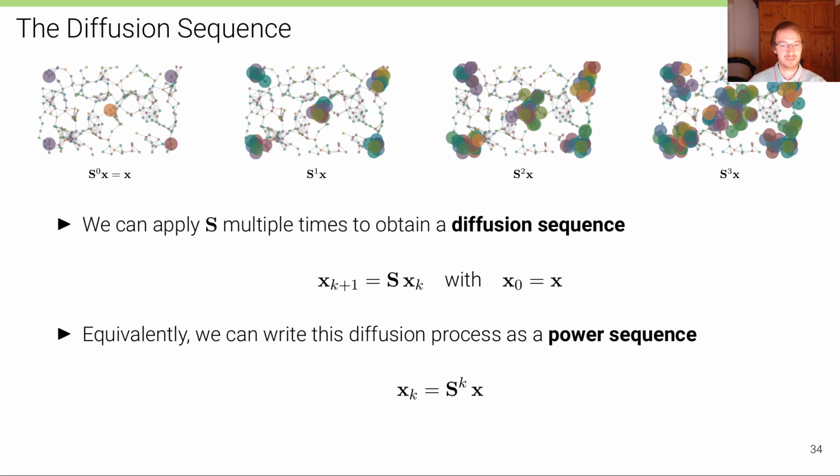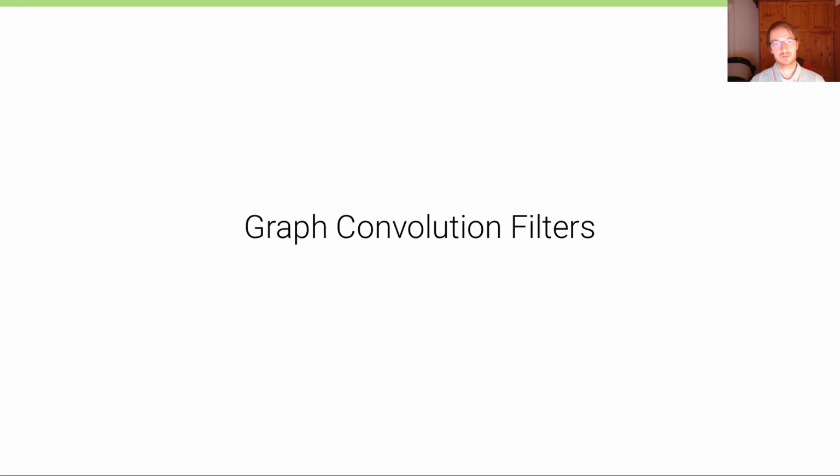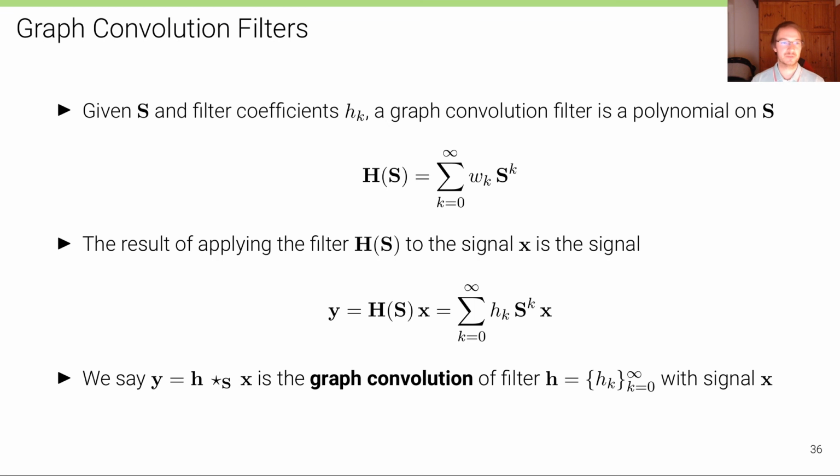Now we can use this to define the graph convolution filter. Given the shift operator S that represents the graph under consideration, and some filter coefficients hk, these are scalars, a graph convolution filter is a polynomial on the shift operator S.